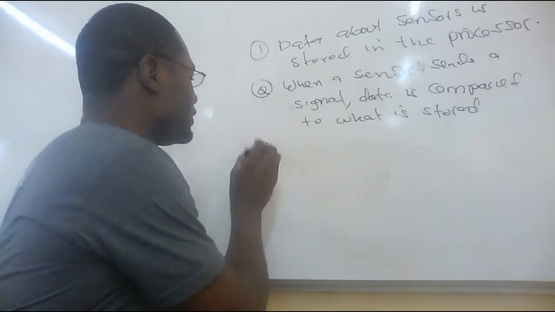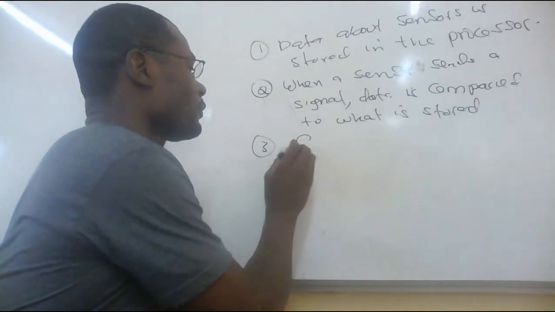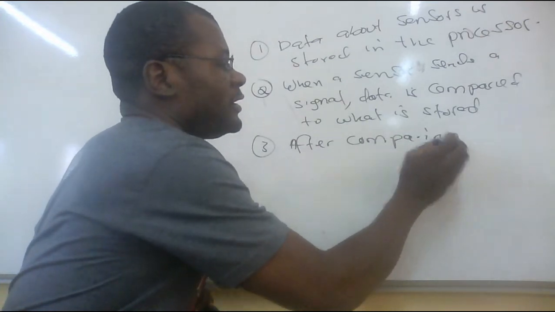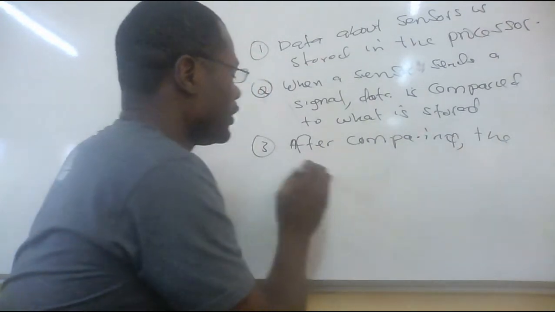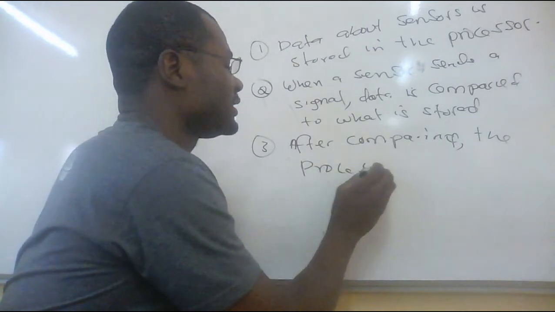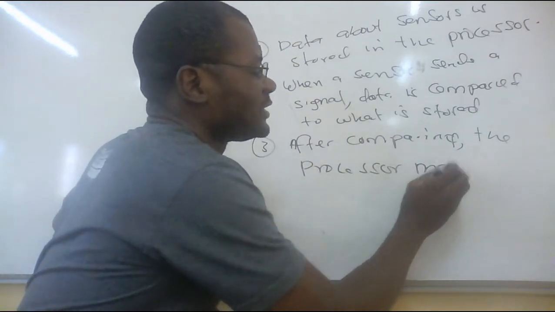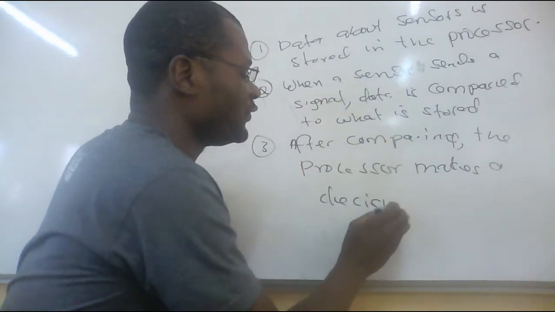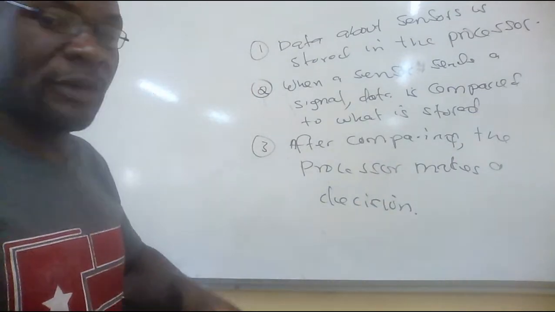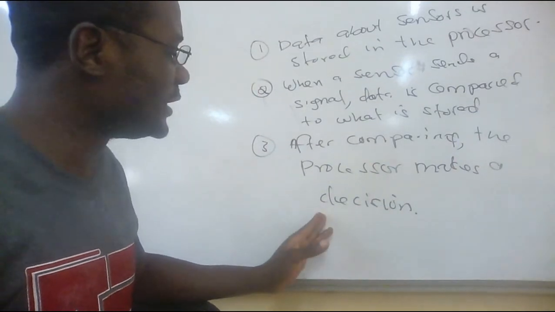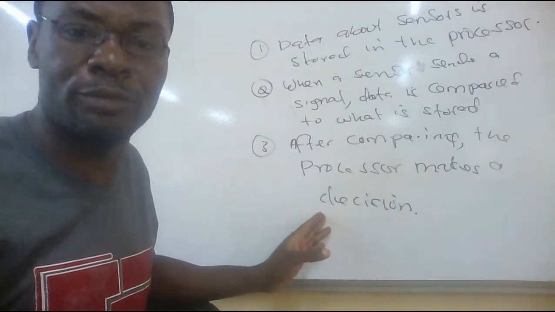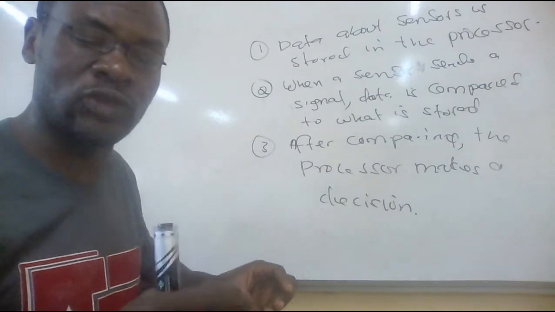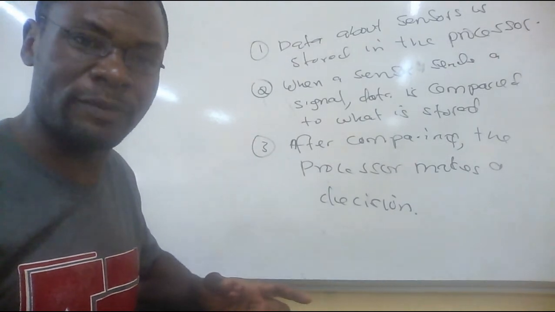That is the third point: after comparing, the processor makes a decision. This is very important. By the time the processor is making a decision, it means it would have been done with the comparison. It will compare the signal coming from the sensor with the data that is already stored in the processor.